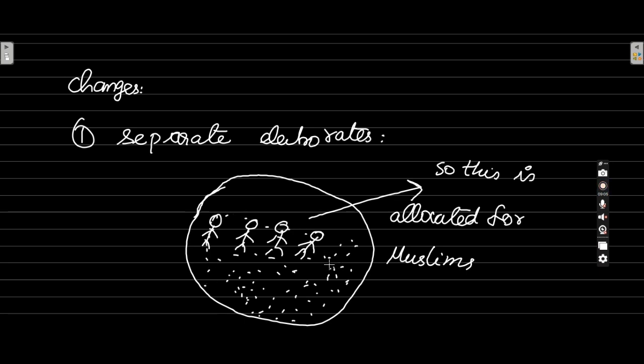So where was this separate electorate introduced? In places where there are more Muslims. So in many places the majority of the people will be Muslims. So this change was helpful for them. So in the constituency, because of a Muslim majority, the Muslim candidates will be winning.